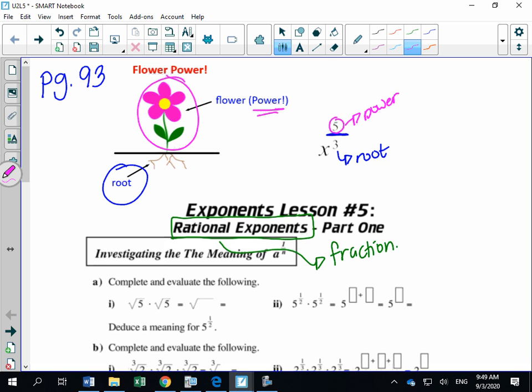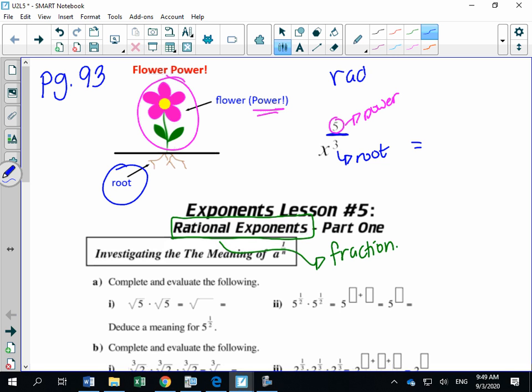So whenever I give you a fractional exponent, I need you to be able to identify the power and the root. Then what's going to happen is the following. You're going to say, okay, this x to the power of 5 over 3, how we're going to write this is as a radical.